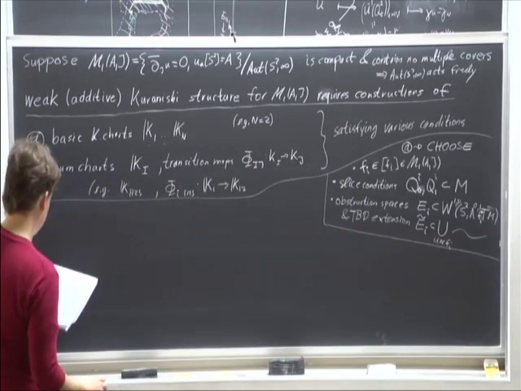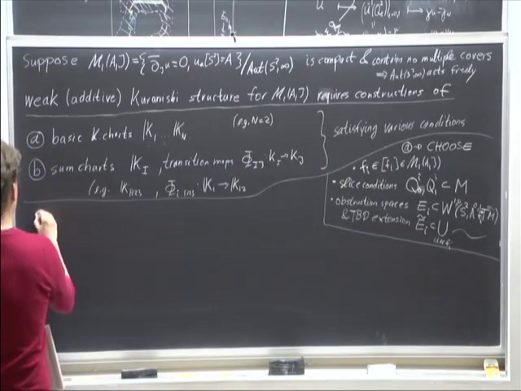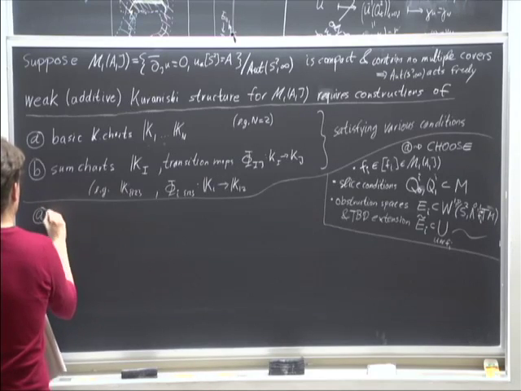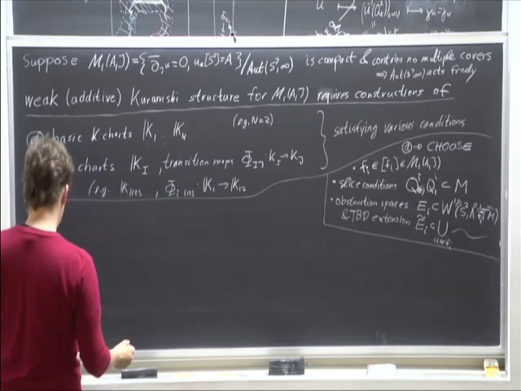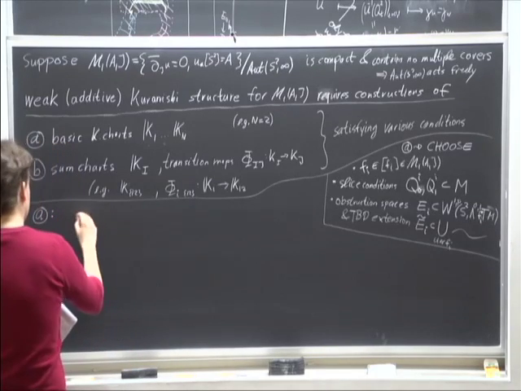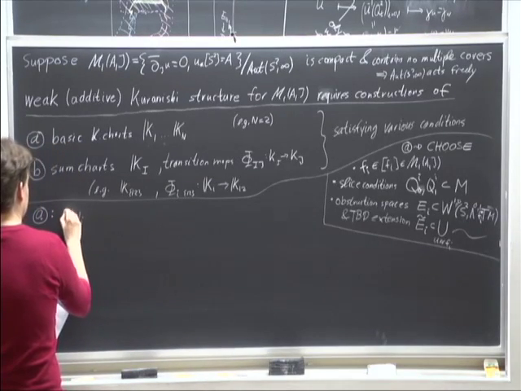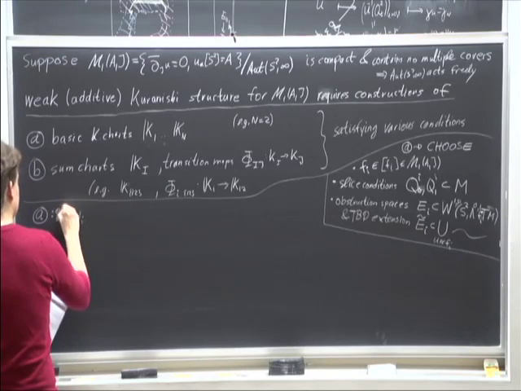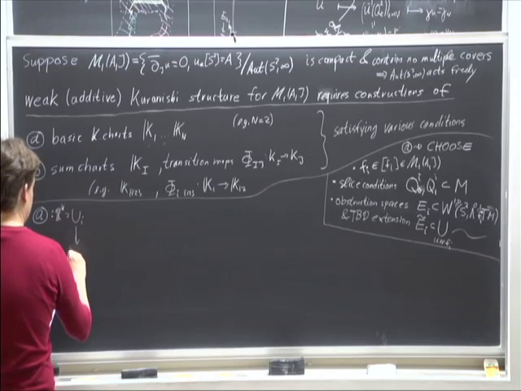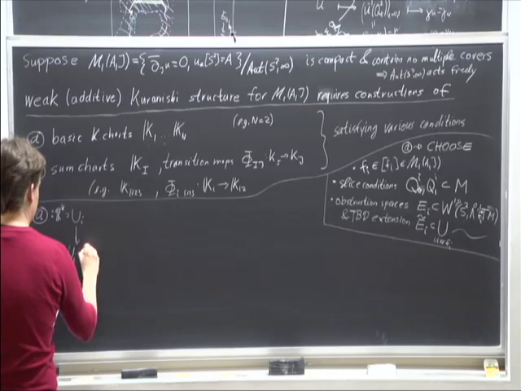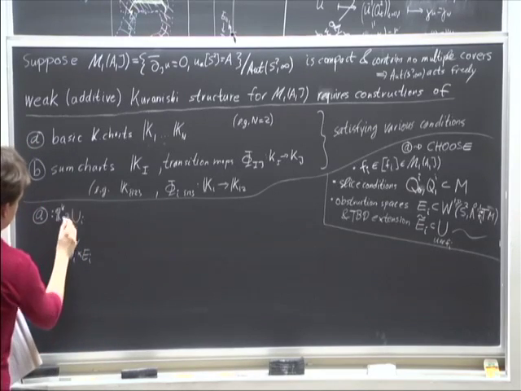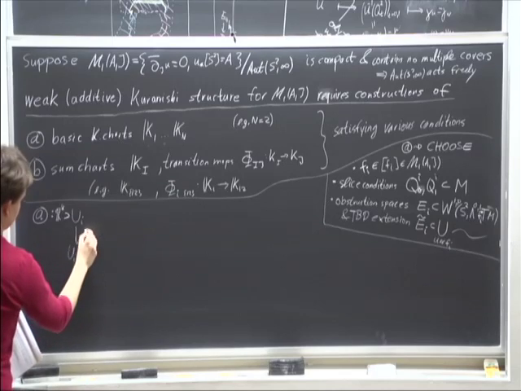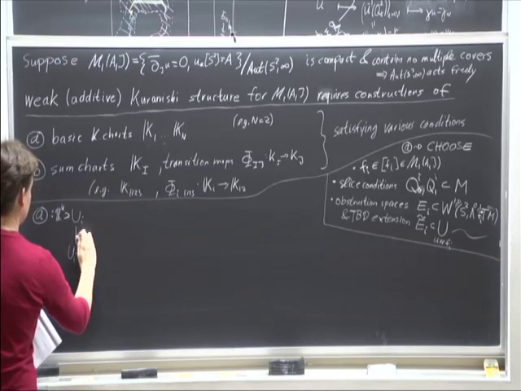And now my basic charts are fairly simple. Let's see. Right, Dusa would say I want an open set in some RK and a trivial bundle, right? And then, hold on.